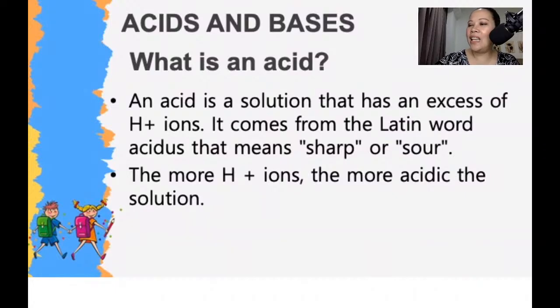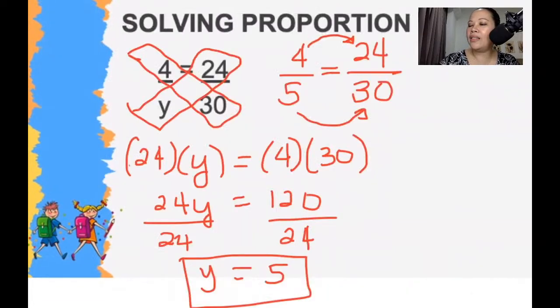Oh, Daxine, about the Y here, thank you for the question. The Y here means that it is unknown. You want to know what value of Y you can substitute to make this proportion correct or equal. The value of Y that makes it correct or equal is 5.